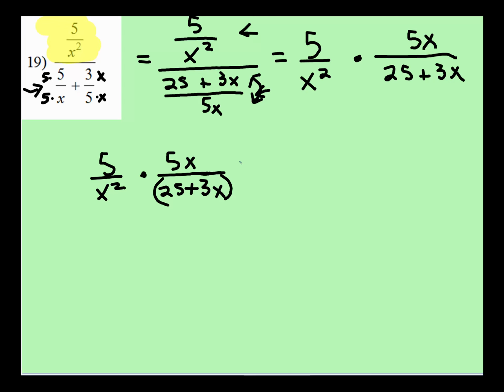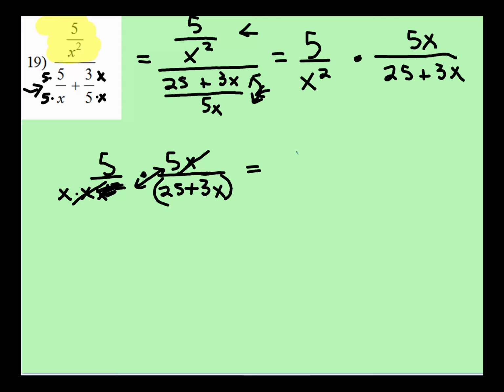Okay, so we can't cancel anything vertically. Do 5 and x squared have anything in common? No. However, now look at diagonally. X squared means the same thing as x times x. This has an x. That x and one of those x's can cancel, and now you can multiply. Everything else you can't reduce.